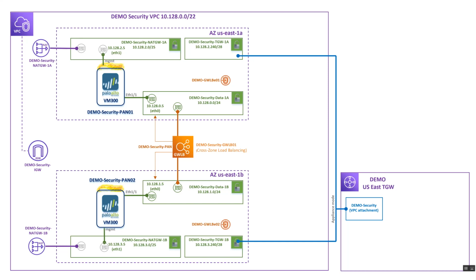For inbound, it's not really here. Inbound, the endpoint is going to be deployed within the application VPC, which I'll show in a couple minutes. The gateway load balancer endpoint needs to be part of a subnet. So in this case, I create gateway load balancer endpoints 1A and 1B, and each of the respective endpoints is mapped to a subnet.